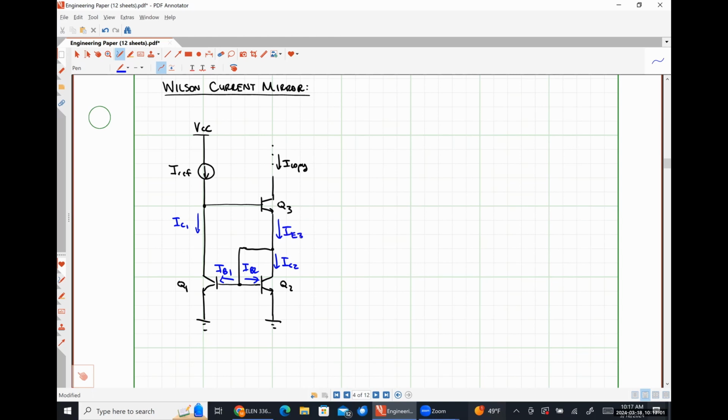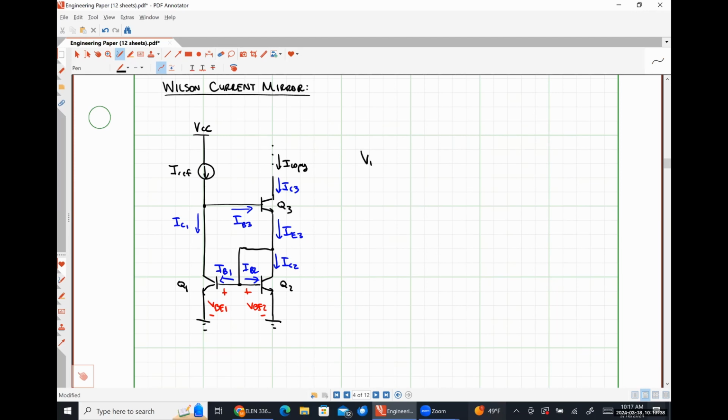Here's our emitter current, IE3, our base current, IB3, and our collector current, IC3. And this will be our base emitter voltage, VBE1. Here's our base emitter voltage, VBE2. Right? So what can we infer just by inspection here?